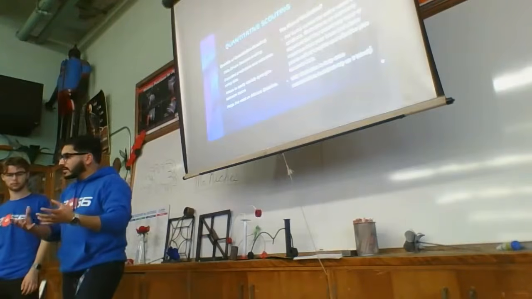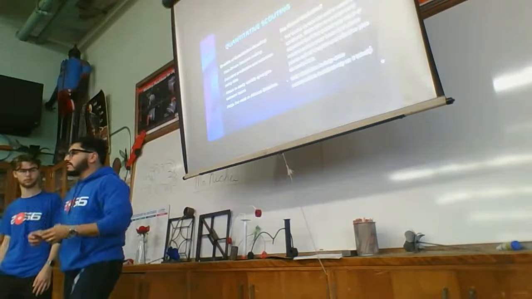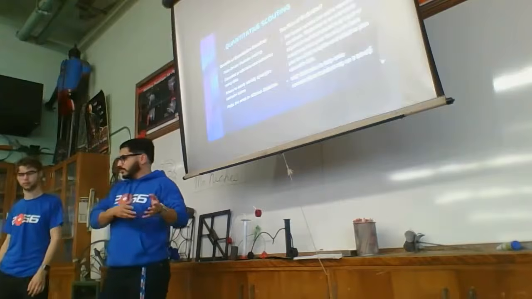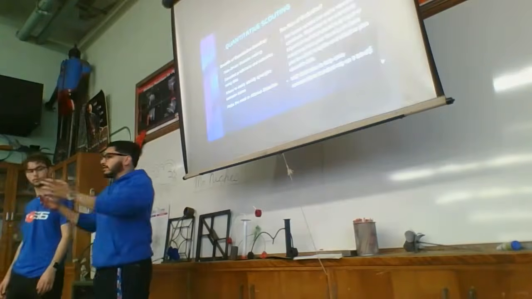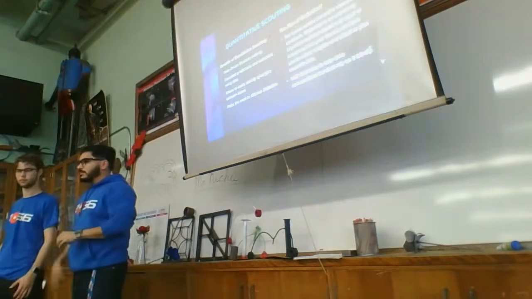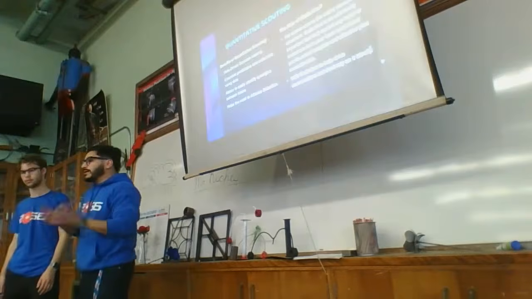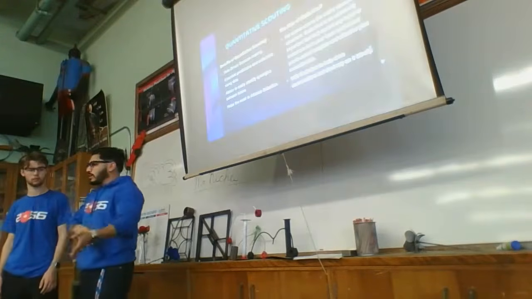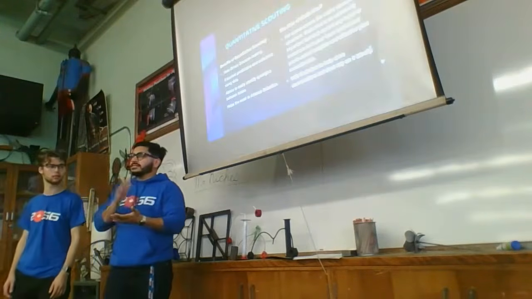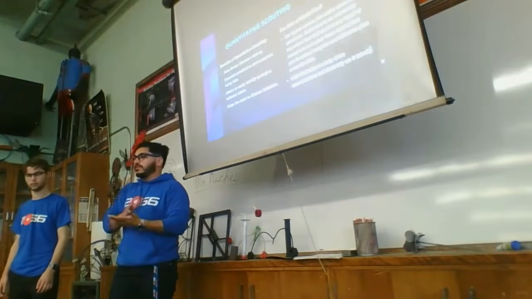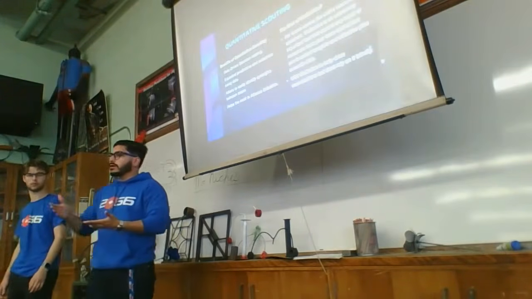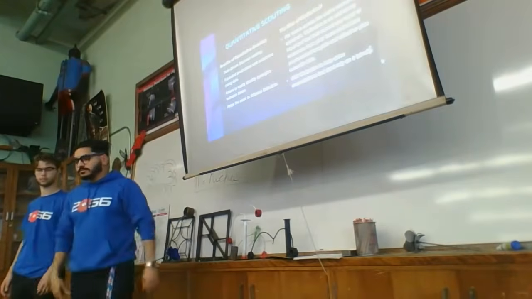You can look at the data and take out the guesswork of, okay, my auto runs 50% of the times. The other team's auto runs 100% of the times. I think it's a better idea to go with their auto over our auto. Those decisions can only be made if you have accurate data supporting your thesis.